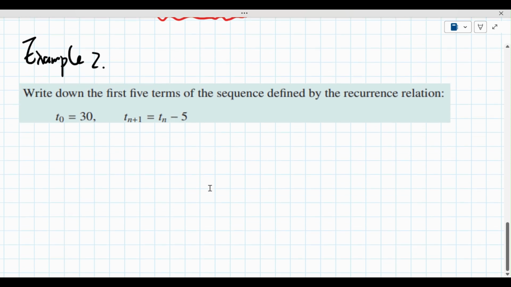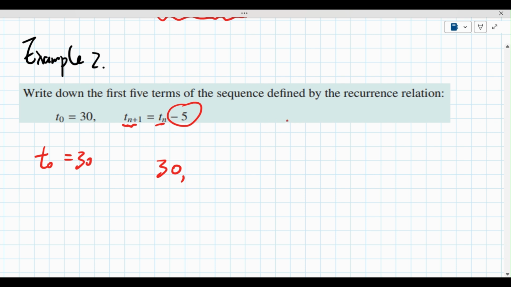All right, now we have a question like this. Write down the first 5 terms of the sequence defined by the recurrence relation. If your T0 is equal to 30, that means 30 is the starting point, and T(n+1) equals Tn minus 5. What does that mean?